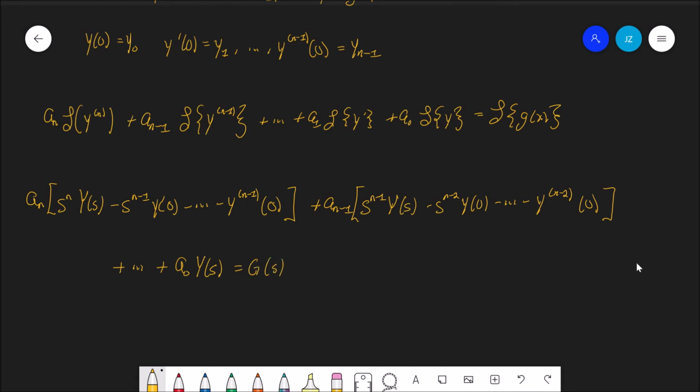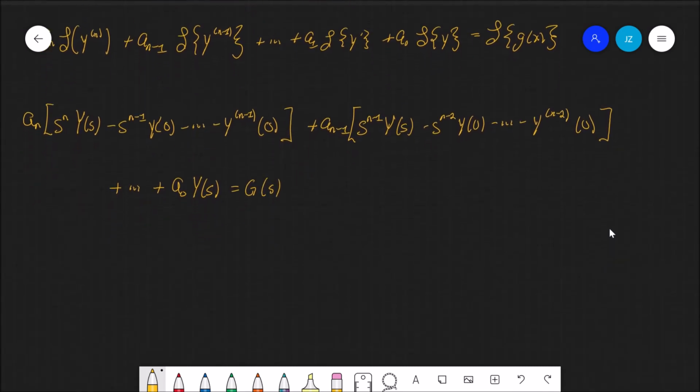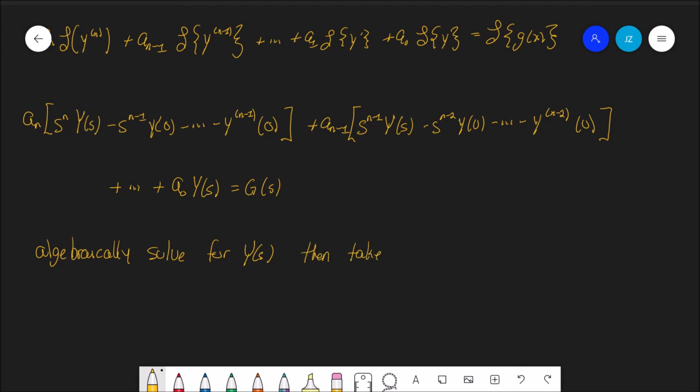Now notice that this is an algebraic equation in terms of big Y of s. So we will algebraically solve for big Y of s, then take the inverse transform.